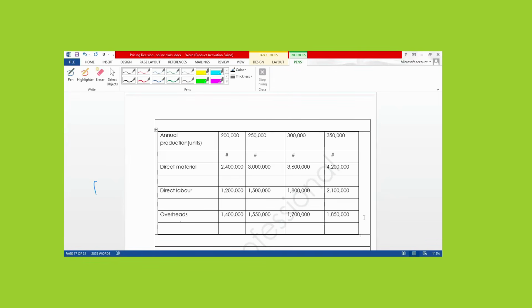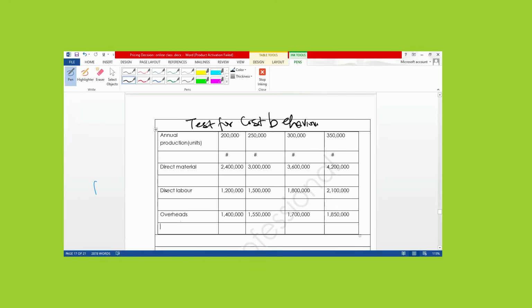Remember the rule when we treated cost estimation, cost behavior. Total material cost is 2.4 million. Annual production is 200,000.